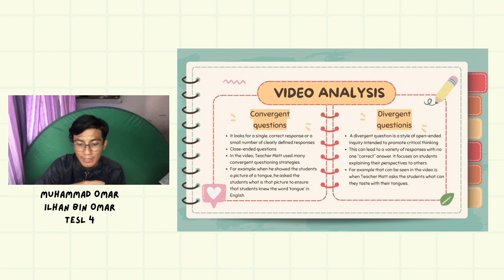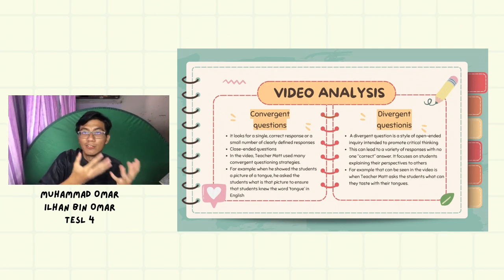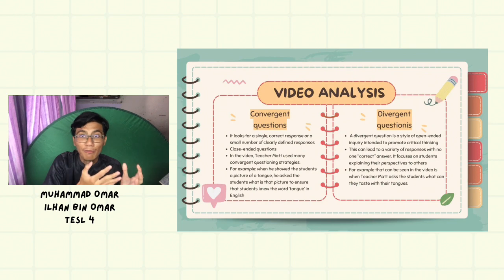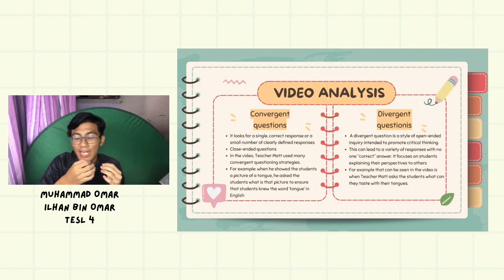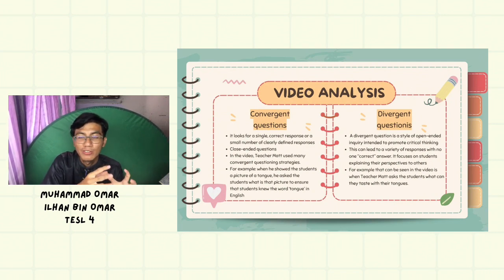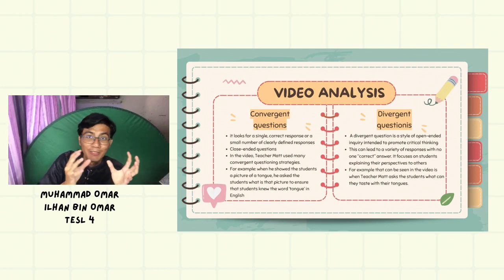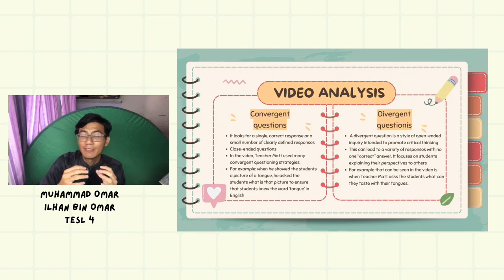In the video, teacher Matt did not use divergent questions a lot, but for one instance that I can show that teacher Matt used a divergent question is when he asked the students, "What can you taste with your tongue?" And the student said, "I can taste a taco with my tongue." This is a form of divergent question because the students can answer with no specific answer since there is a lot of things that you can taste with your tongue.